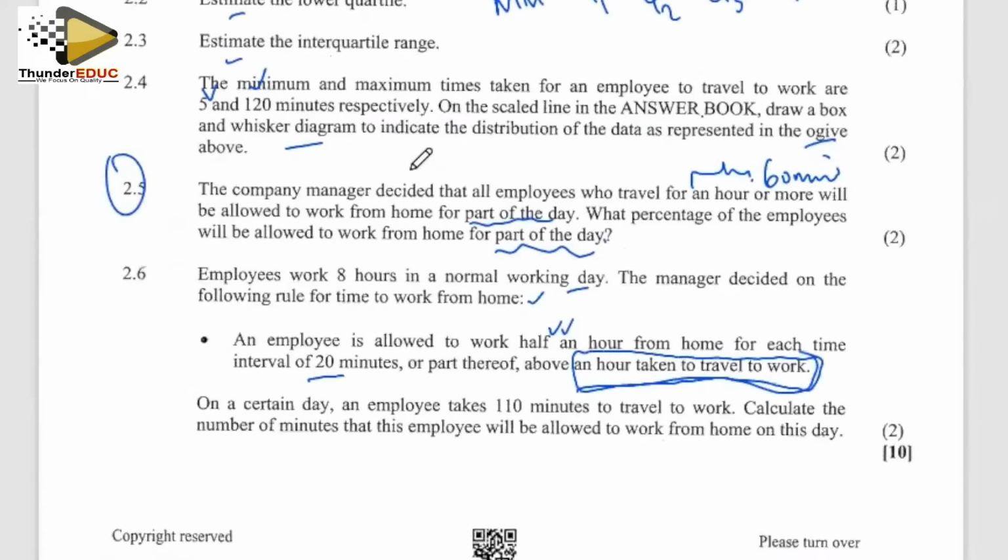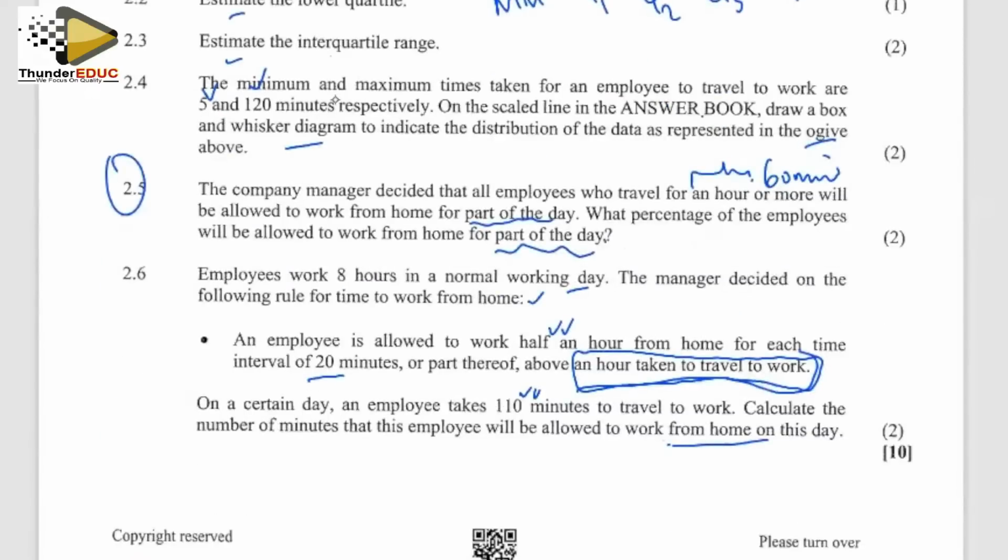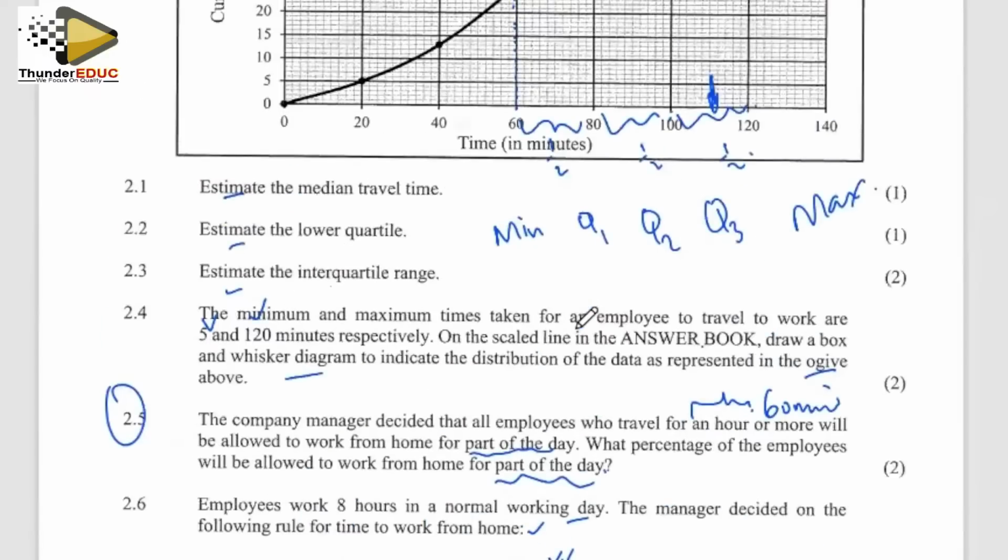Then the question is asking us that on a certain day, there's an employee that takes 110 minutes to travel to work. Calculate the number of minutes that this employee will be allowed to work from home on that particular day. So 110 falls within this category of 100 to 120, okay? The section of part thereof simply means even if it's not a full 20 minutes, but just part of the 20 minutes, you still qualify for the half an hour.